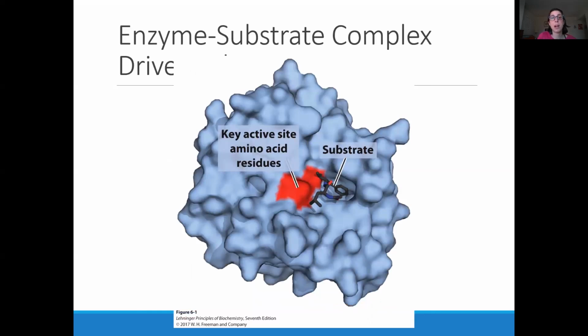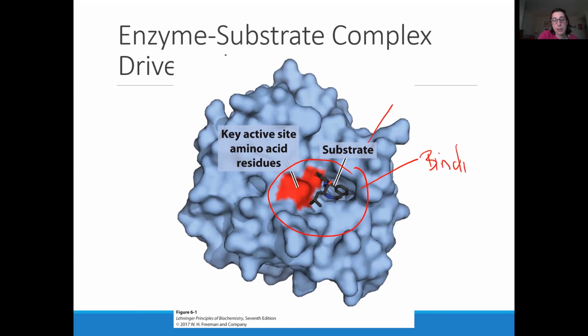So here's an example of an enzyme and substrate in a complex. Enzymes, again, are just proteins, usually globular, and they can have one or more what we call active sites. These are the sites in which they bind a substrate. Remember, we've talked about the word substrate. You've also probably heard this called a ligand.